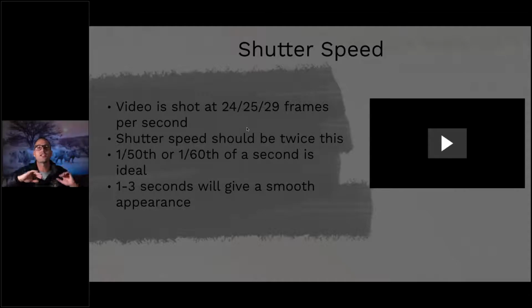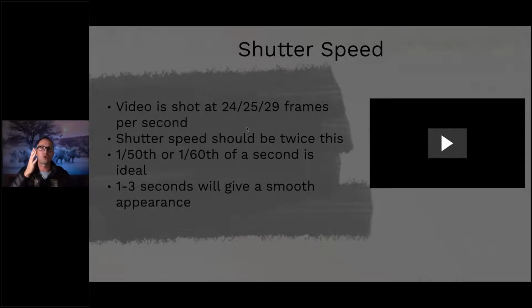So we're trying to create the appearance of movement, because if I'm shooting like I would in wildlife, I would be trying to freeze action. In this case, we're not. We're trying to get a little bit of motion blur, because it becomes more appealing to our eye.